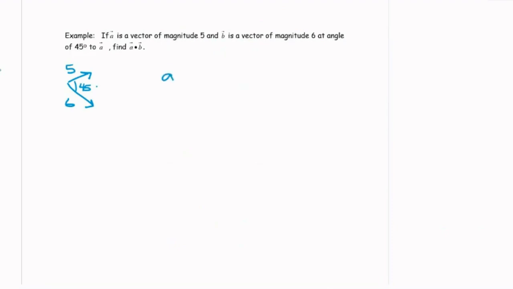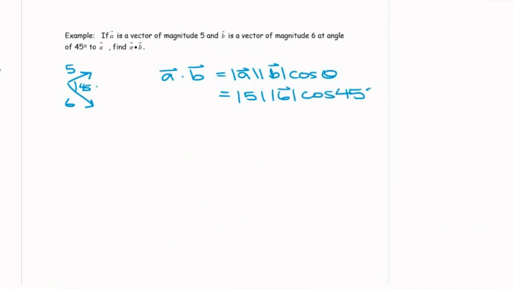So A dot B is equal to, like we said up above, magnitude of A times magnitude of B cos theta. So we know 5, 6, cos 45. I'm going to use special triangles here. So we're going to get 30 root 2 over 2. And so that's just going to be 15 root 2 units. And there you have it, dot product.